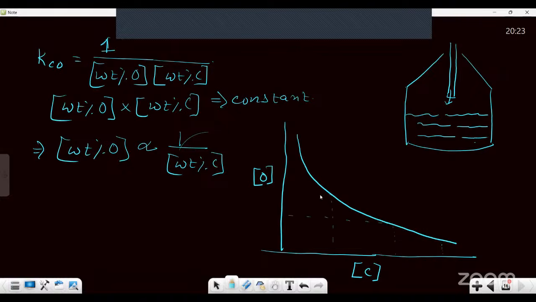As I am increasing the oxygen, the carbon is decreasing. So if the oxygen is here, the carbon is here. Okay, something like that. So it is evident from this graph. As I am blowing in more and more oxygen, decarburization is taking place. Okay, so that is exactly what this graph means.